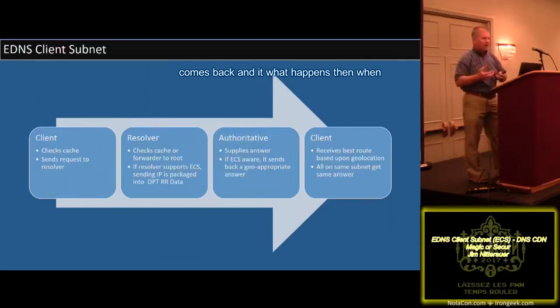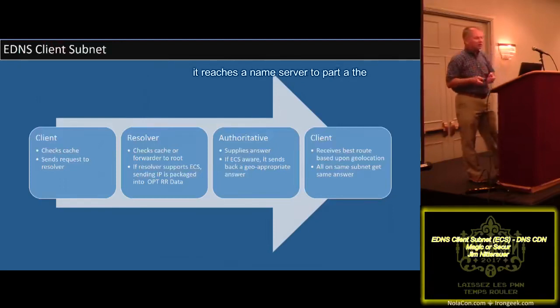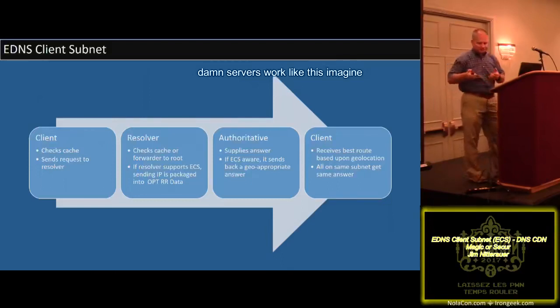The answer comes back, and what happens when it reaches an authoritative name server is like this. Imagine Google has, I'll just say, 5 sites. So they have 5 different A records for Google.com. Those 5 different A records are associated with some geolocation data that allows their proprietary DNS server to find the right IP address for your geolocation compared to theirs.